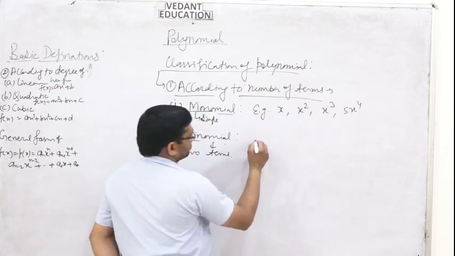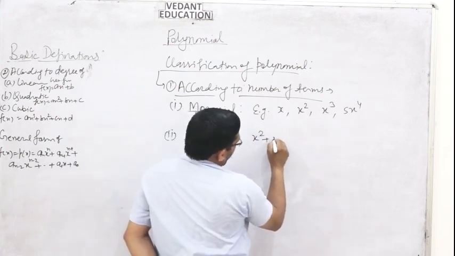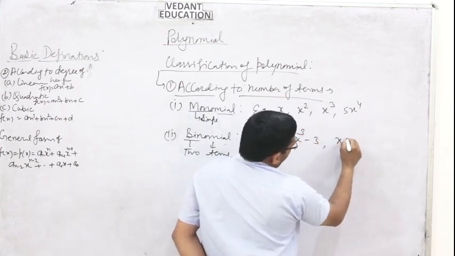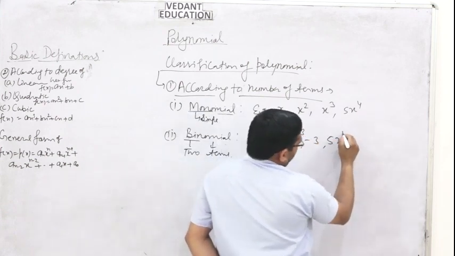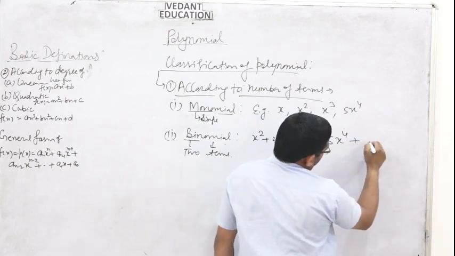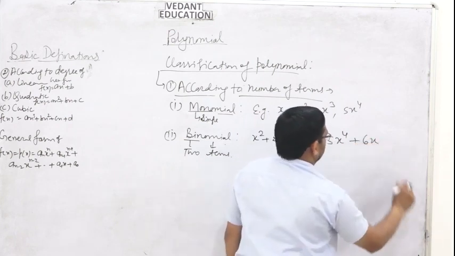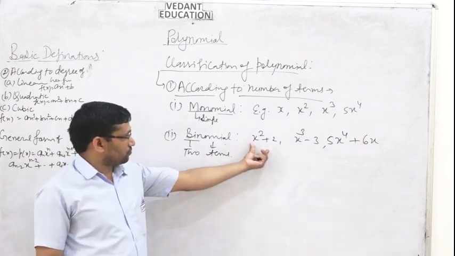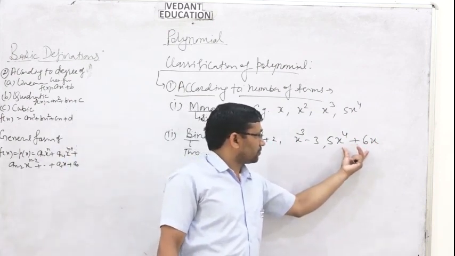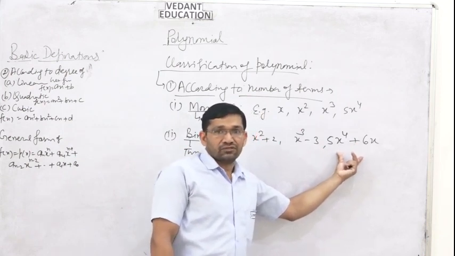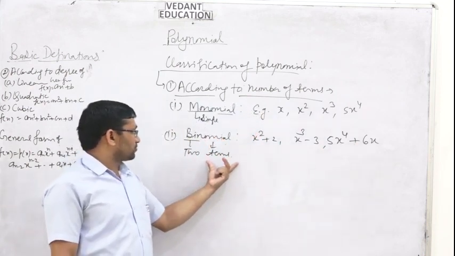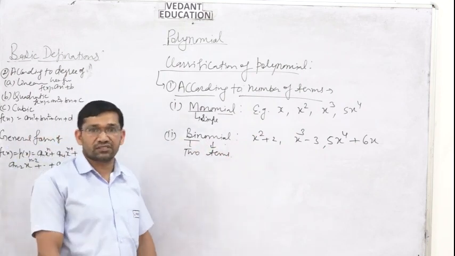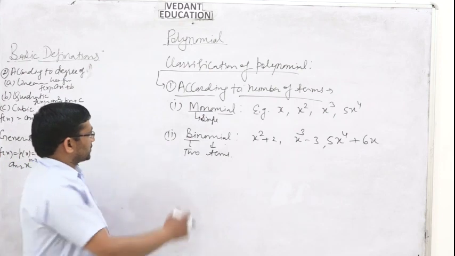For example, x square plus 2, x cube minus 3, 5x power 4 plus 6x. These all are examples of binomial. These have two terms, these have two terms, and these also have two terms. So the polynomial which has two terms is known as a binomial.